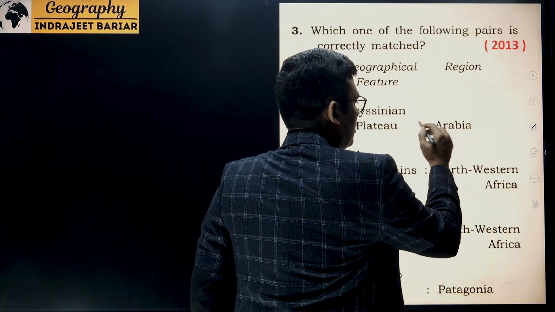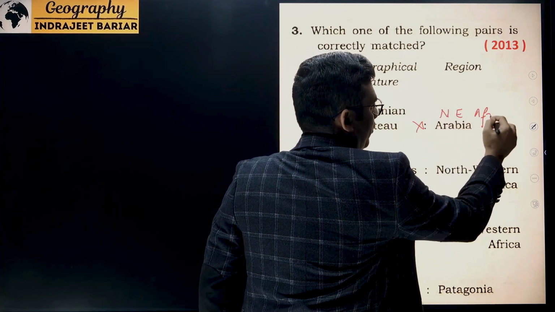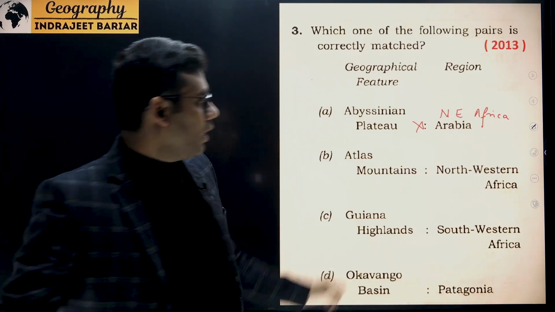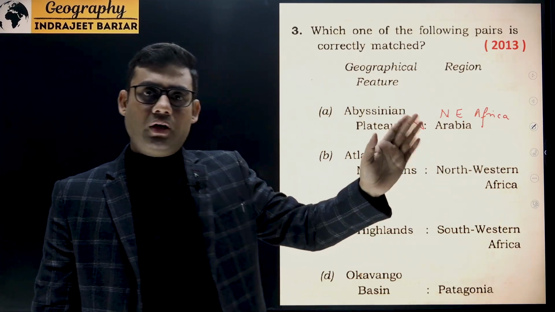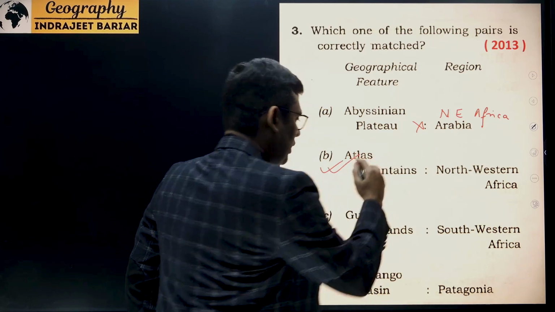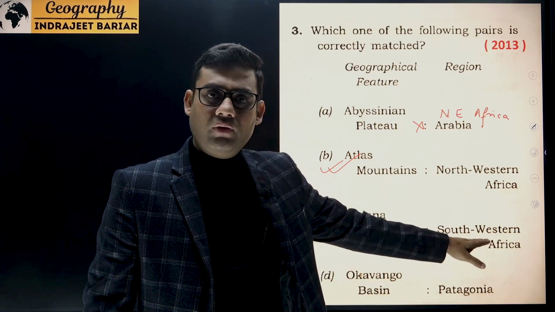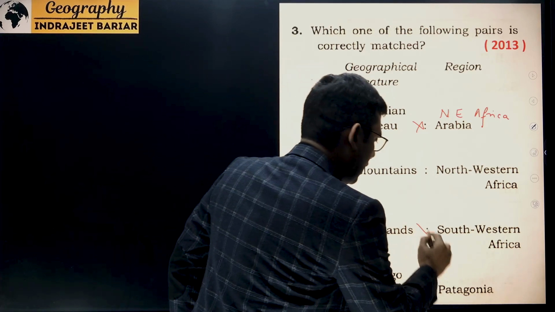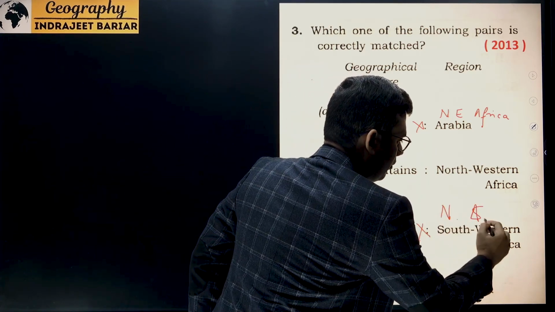So this is wrong, and rather it would be northeastern Africa. Atlas Mountain, northwestern Africa, Morocco, Algeria, Tunisia. This is the correct one. Guiana Highlands, southwestern Africa, they have given us, whereas Guiana Highlands we have seen is northern South America.